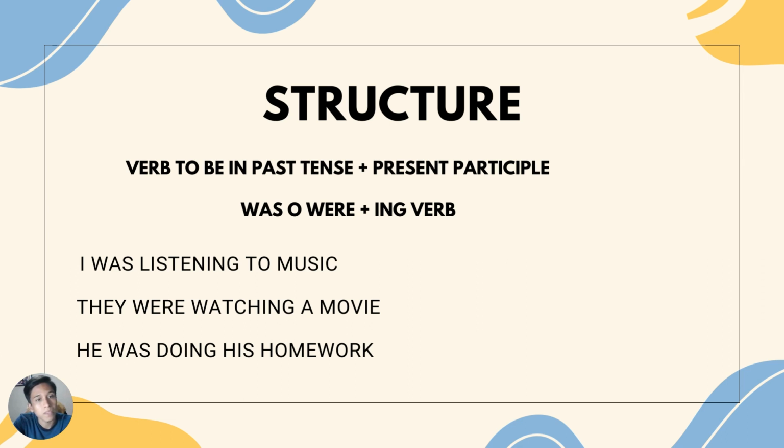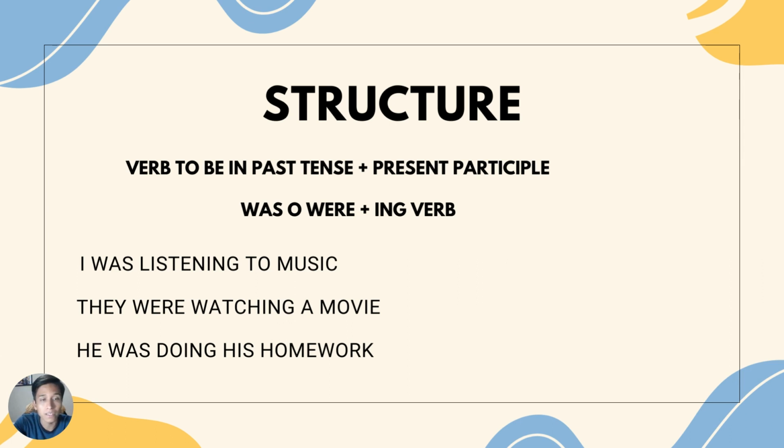For example, I was listening to music. As you can see, we have the past tense of the verb to be, was, and the ing verb, listening. I was listening to music.